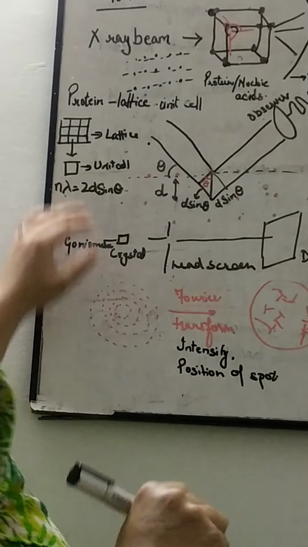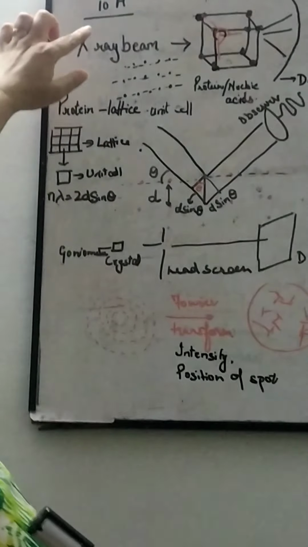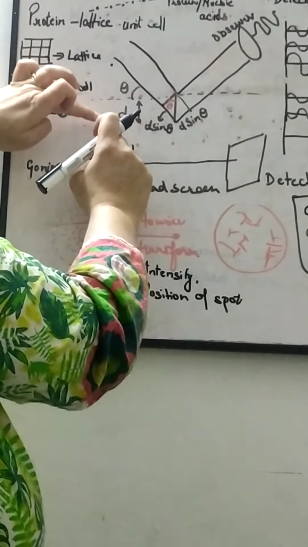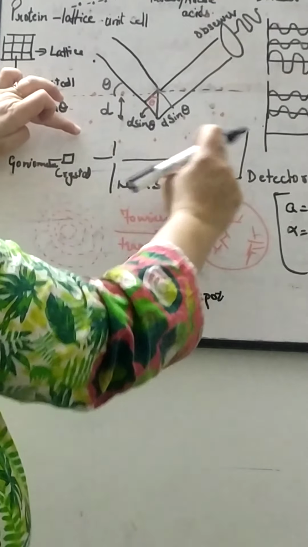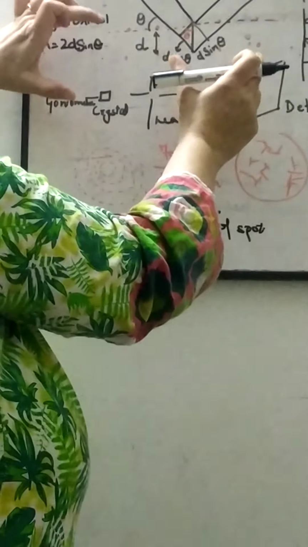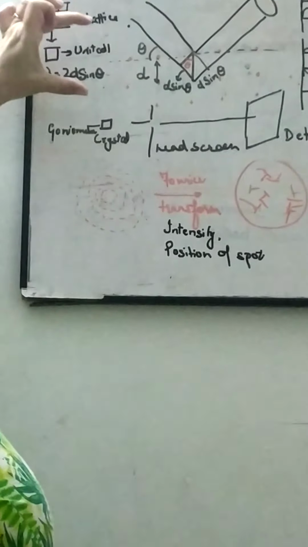For the X-ray, each represents a different plane, and whenever light strikes these different planes, I have represented these planes with the help of red dots. So lines 1, 2 and 3 are representing the different planes that are made up by the crystal lattice.